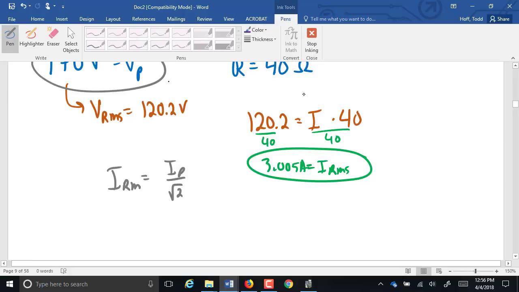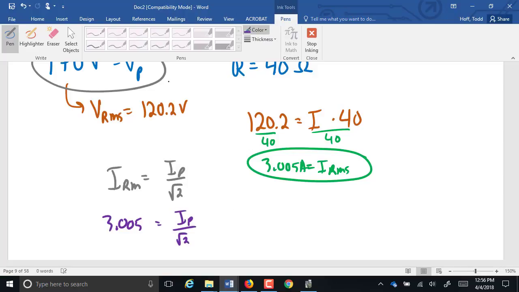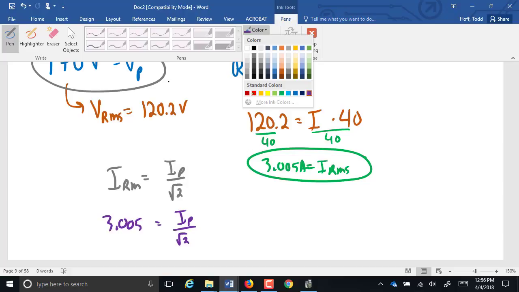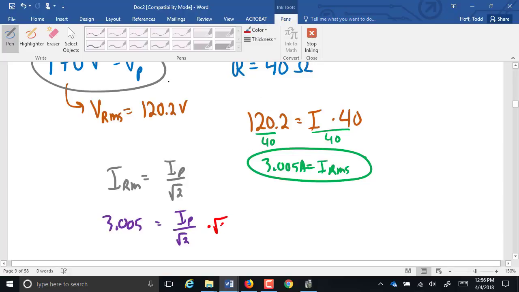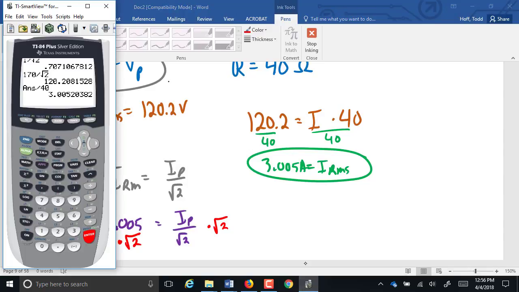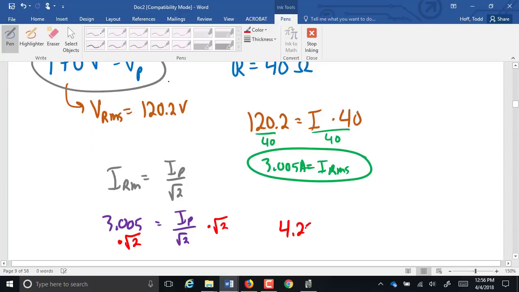So to solve for peak current, if I have the RMS current, I would just multiply by the square root of 2. So I take that 3.005 times square root of 2, 4.25 amps is my peak.